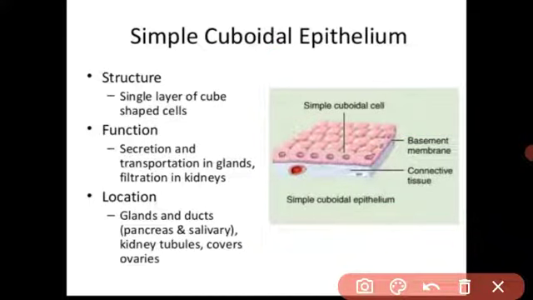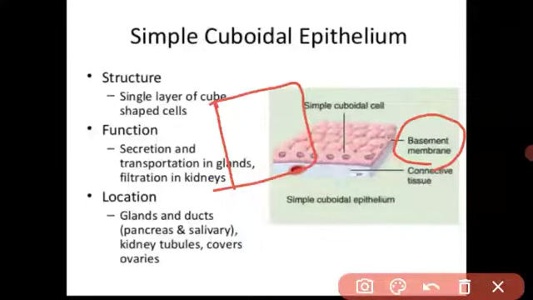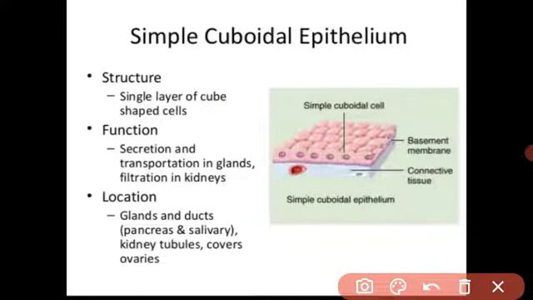These cells also lie on the basement membrane. The nucleus is present in the center, and the cytoplasm is present in it. Understood, student? This is also a single layer cube-like structure, and the main function of the cells is secretion, transportation and filtration in the kidney.